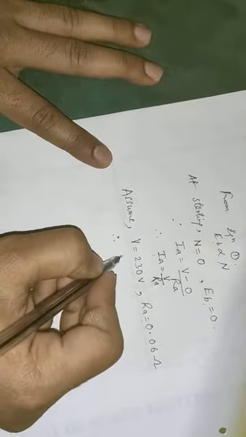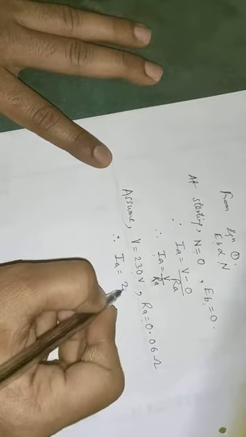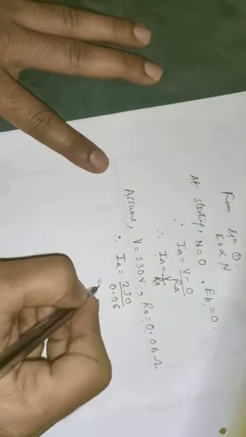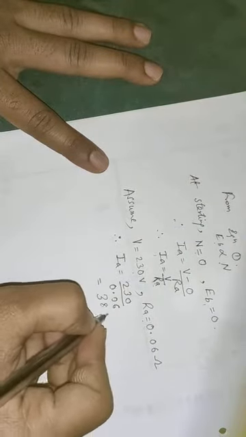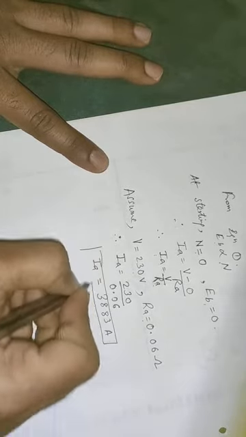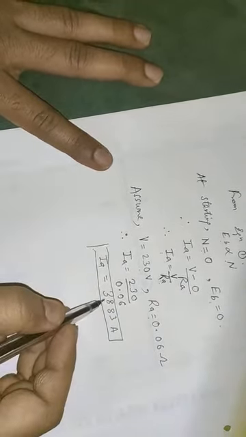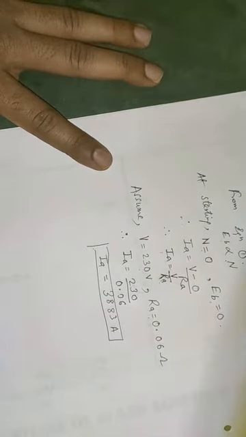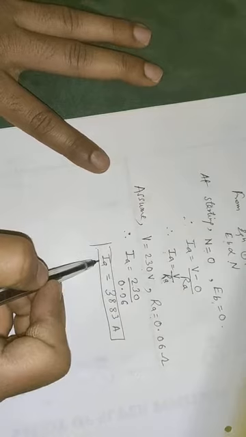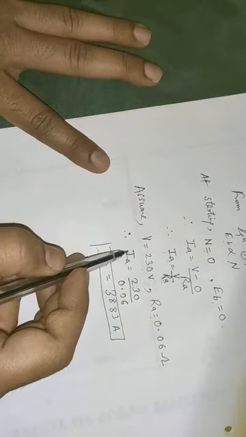We will get IA is equal to 230 divided by 0.06. After calculating, we will get 3883 amperes. See, this current will be very high at starting. What is this current? Armature current, or we can say the starting current.